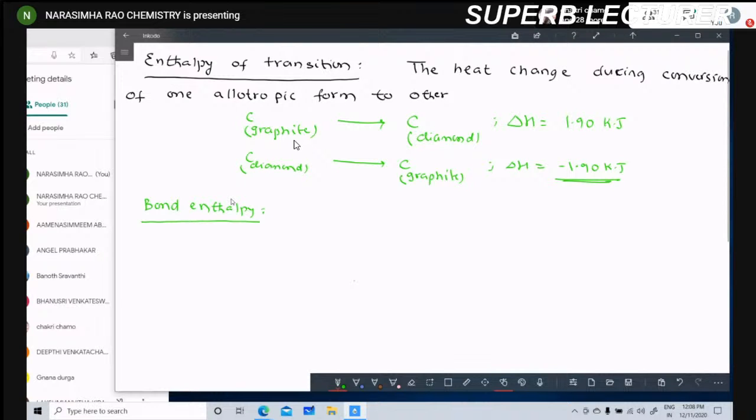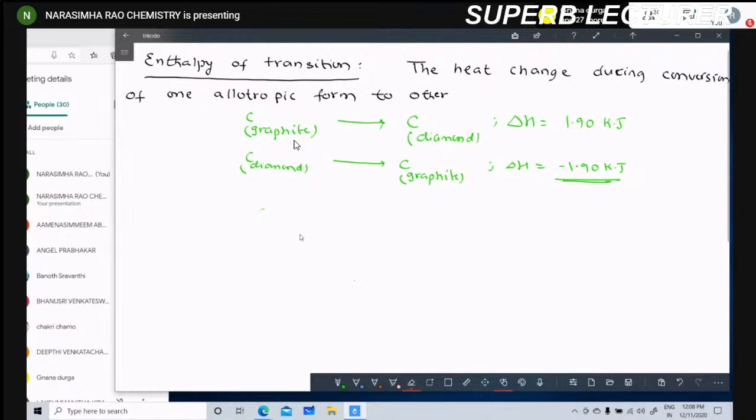Another one, children, very similar, is the enthalpy of atomization. Enthalpy of atomization is almost similar to bond enthalpy. So first, since it is related, we discuss enthalpy of atomization; later we will discuss this one.